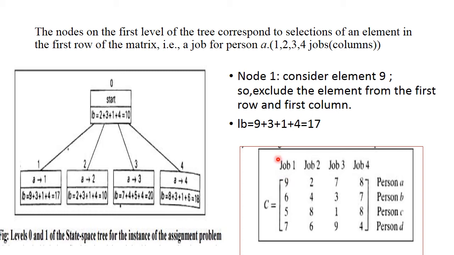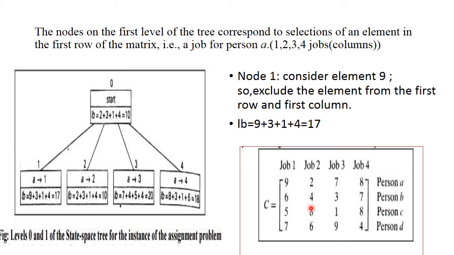Now considering the element 9, its row, that is the first row, and its column, that is the first column, will be excluded from the later selection of the next elements.